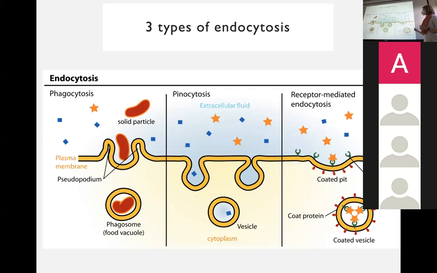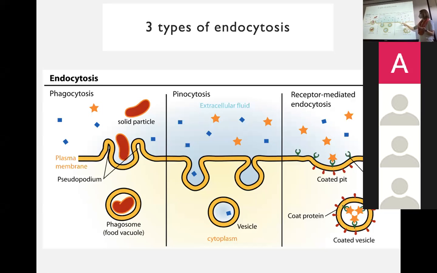And then there's a very specific way of bringing different molecules in called receptor-mediated endocytosis. That just means there's these little receptors on the cell membrane that are only going to allow certain molecules to attach to them, which will then be brought in. So they're sort of keeping out these blue squares and only letting those stars in. So the squares are not allowed in, only the stars are going to bind to these usually proteins.